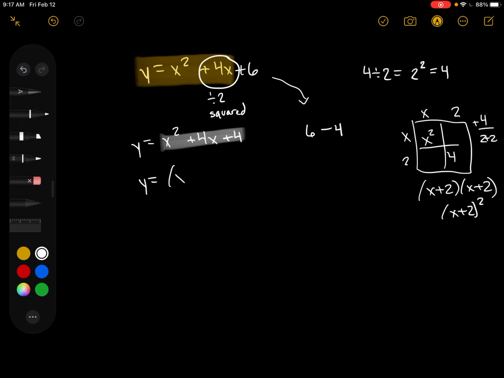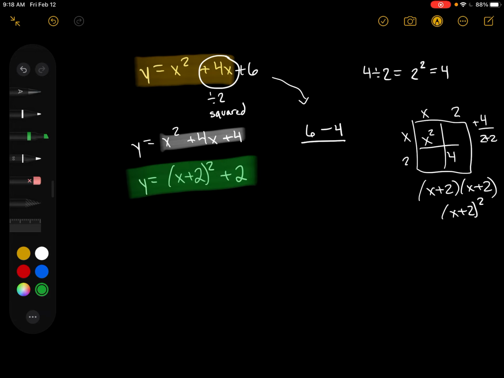So y equals x plus 2 all squared, and then 6 minus 4 is positive 2. So putting all of that together, we now have vertex form, and this is our final answer. If it asks for the vertex, we could identify that, but if it asks us to identify vertex form, that is what is in green specifically.